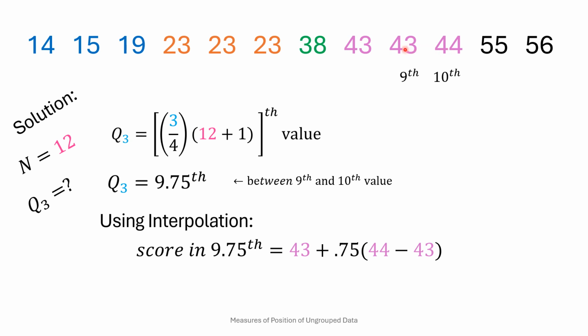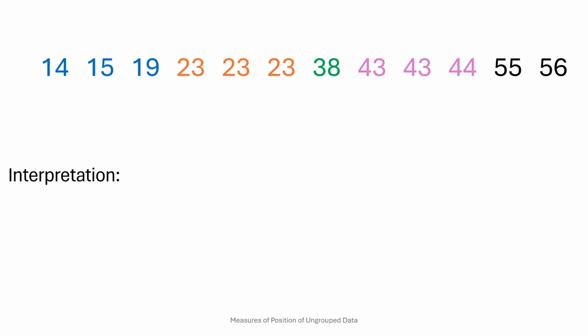Therefore, the upper quartile is 43.75. To interpret the result, let us locate quartile 3, which is near 44 because it's 43.75.